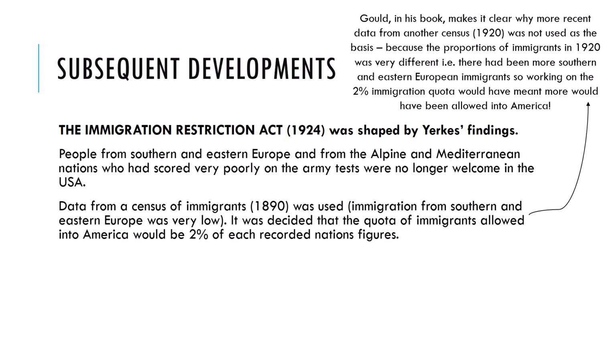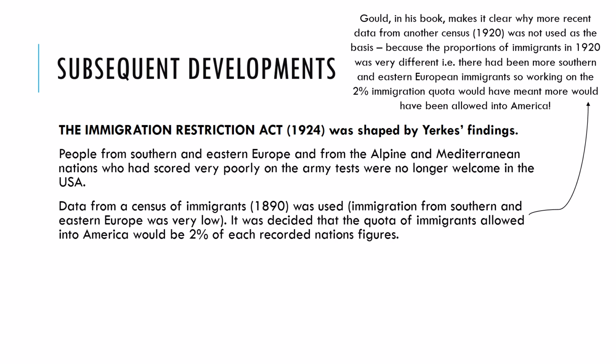Now, immigration there in that year from southern and eastern Europe was quite low. Now, it was decided that the quota of immigrants allowed into America would be 2% of each recorded nation taken from those 1890 figures. Okay.